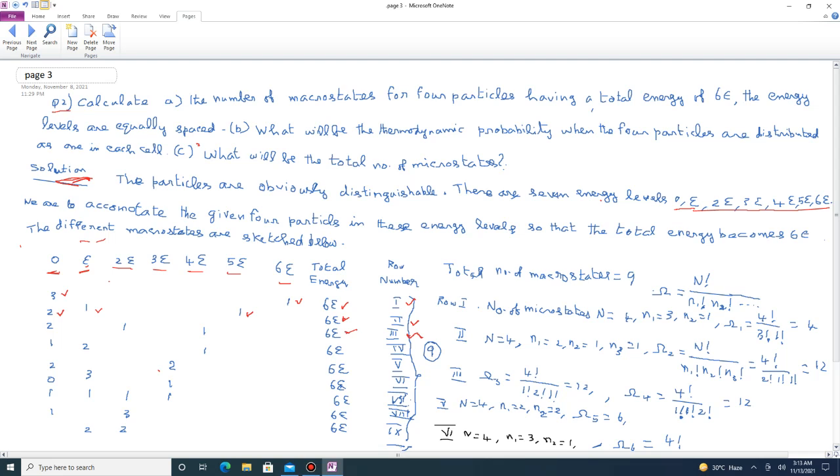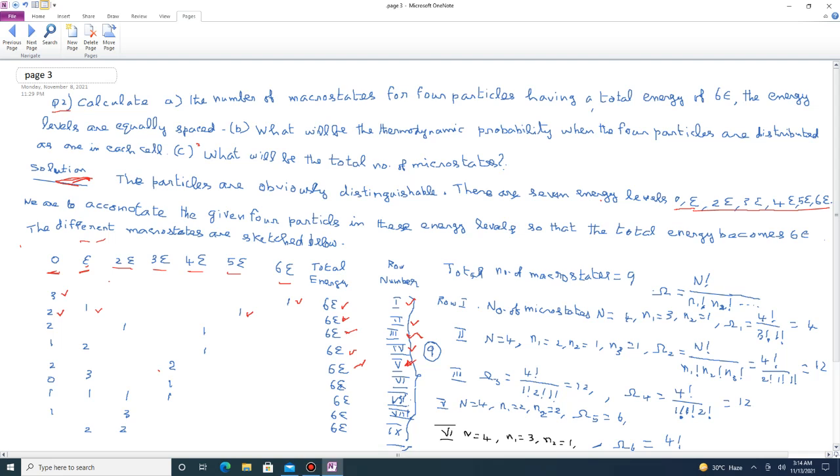Once you add, the total energy is equal to 6E for all the 4 particles. So that is the fourth macrostate. Similarly, you can calculate the fifth, the energy corresponding to all the particles in the fifth macrostate. So that is two particles with energy 0, two particles with energy 3E. So this is 6E. So this is another macrostate.